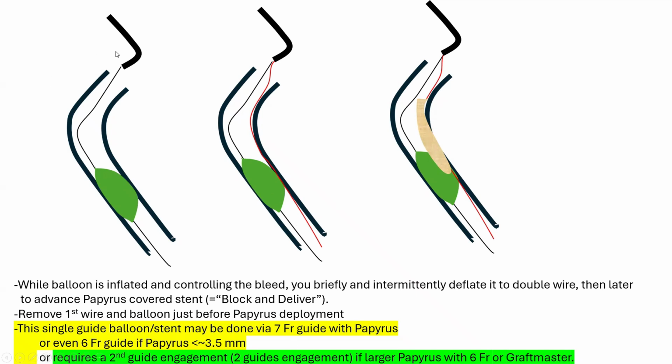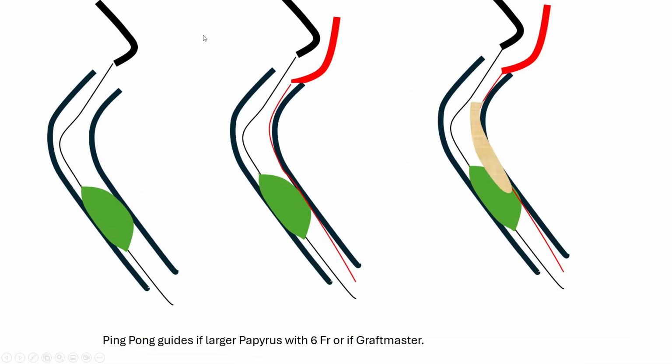However, if you're using a 6 French guide and you need to deliver a larger PK Papyrus stent, or if you want to deliver a Graftmaster, and in order to keep your balloon inflated while delivering your cover stent, you need to do in those cases what we call a ping-pong guide. You need to do a second arterial access and a second guide engagement.